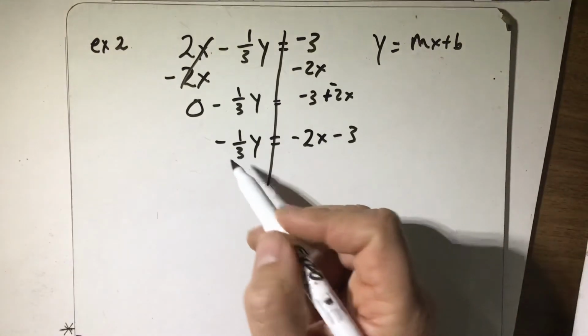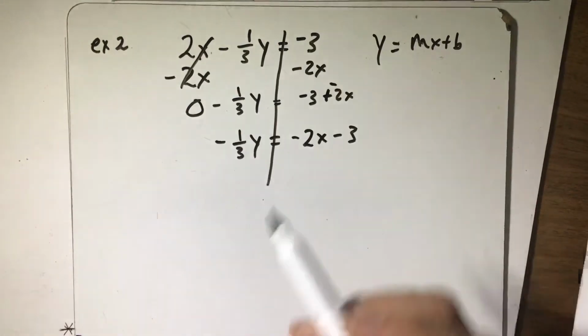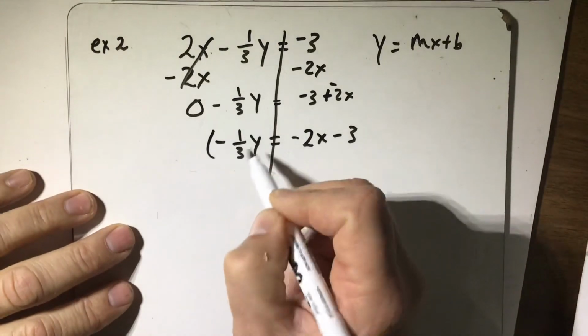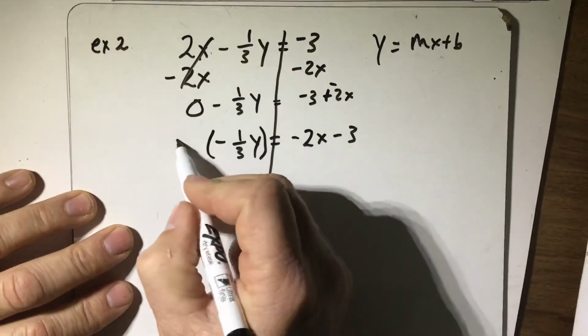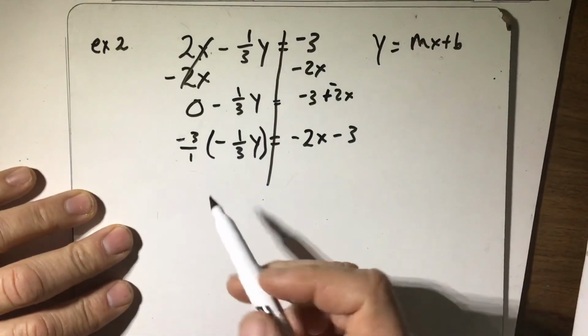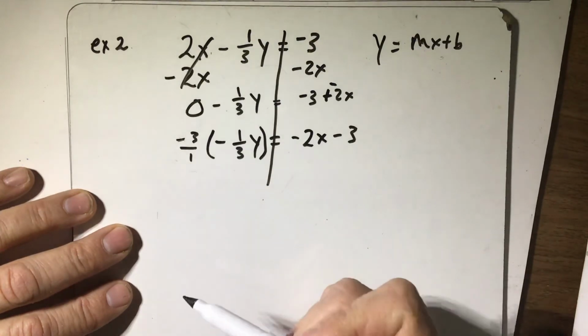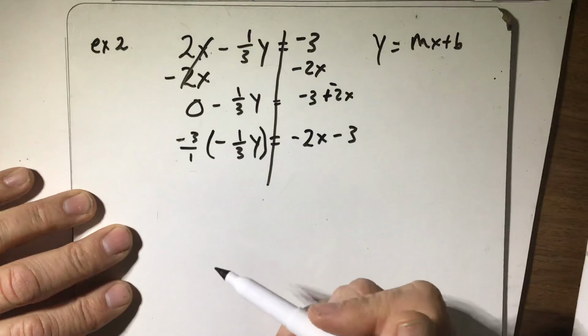Now I have to get rid of this negative 1/3 coefficient. I need to make that a 1. The easy way to do it is multiply by the reciprocal, or the multiplicative inverse, which is another word for it. What's the multiplicative inverse of negative 1/3? Negative 3 over 1.